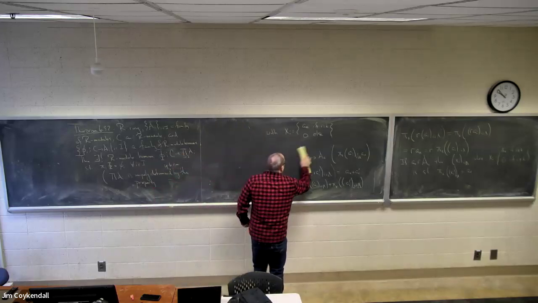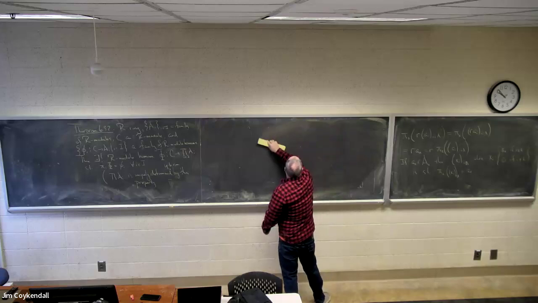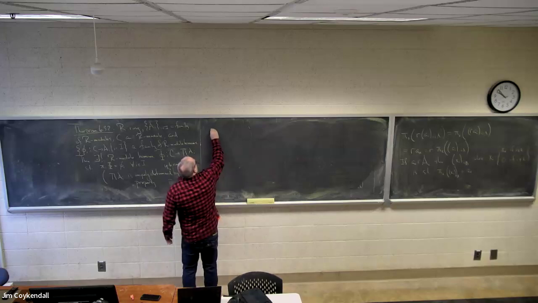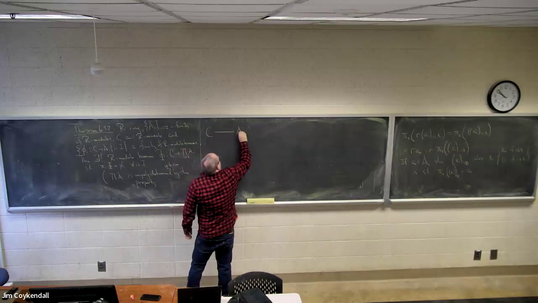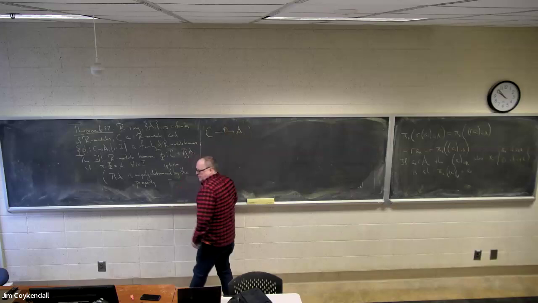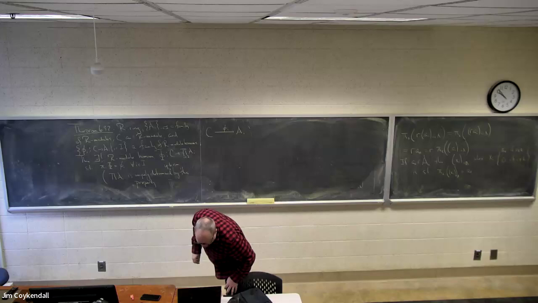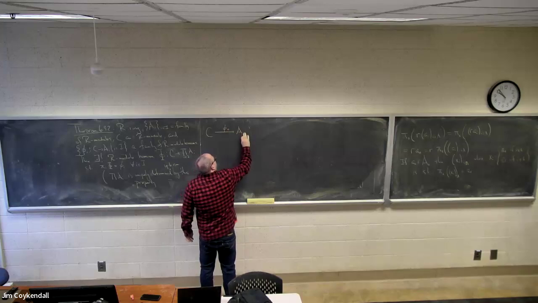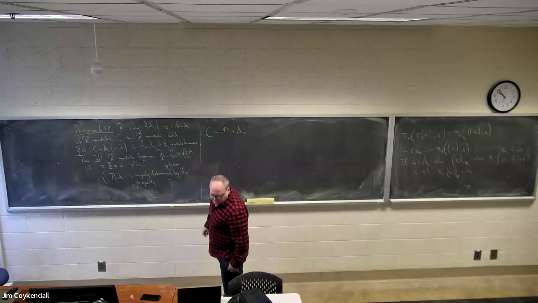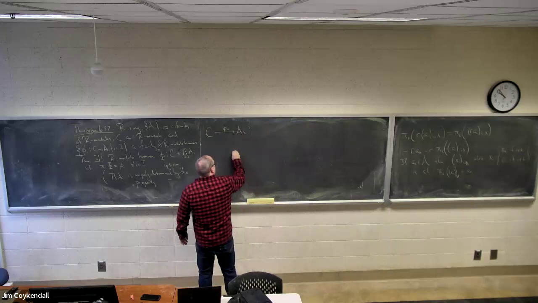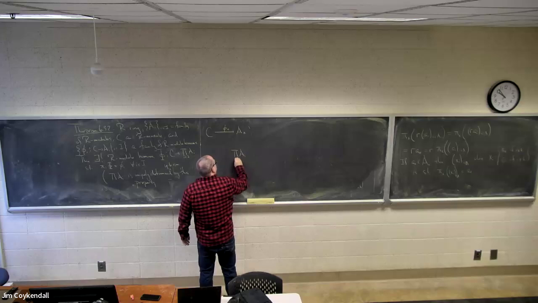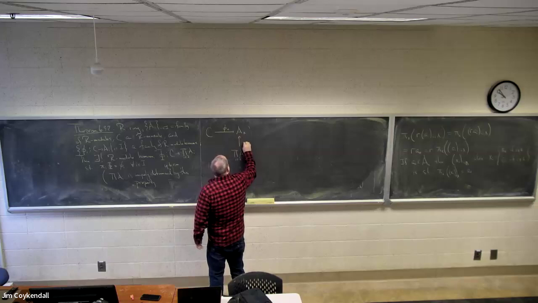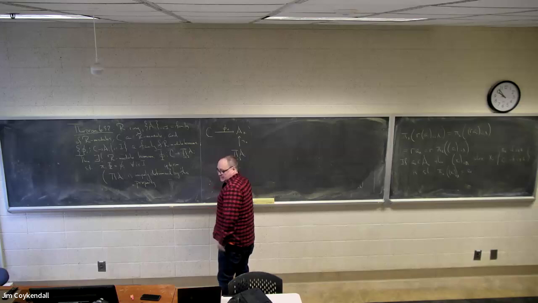Let me draw this diagram to illustrate this point. What we have here is C, the AI, and here you have the direct product of AI. Now, we have the projection map here. It was pi k, right?